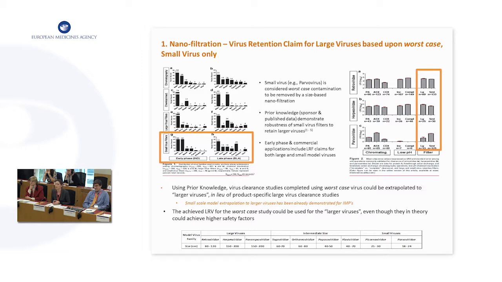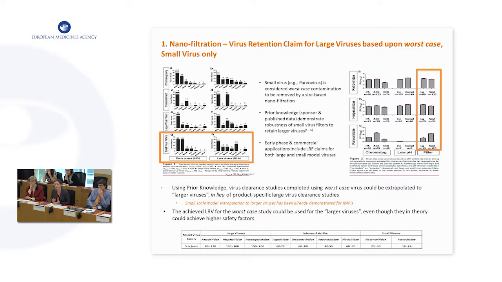And what's common to all is we see time and time again the robustness of these small virus or parvovirus retaining filters in terms of their robustness to clear viruses of all different sizes. And each and every time we relate the fact that the small viruses in particular, so the parvoviruses in particular, are considered to be worst case contamination model virus to be removed based on this size exclusion mechanism of action.